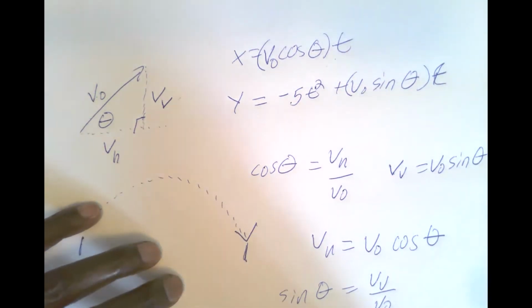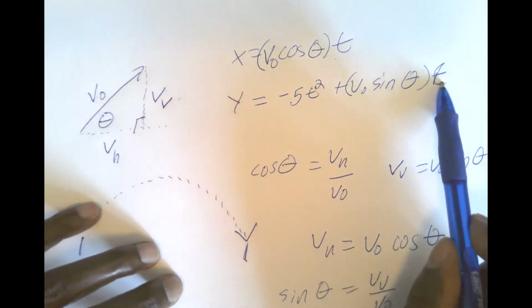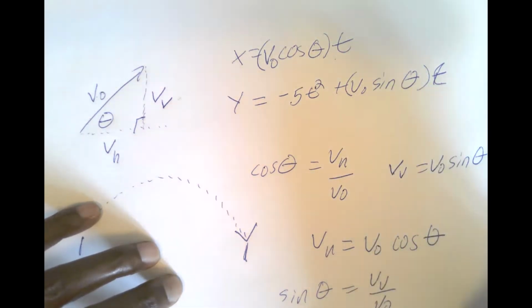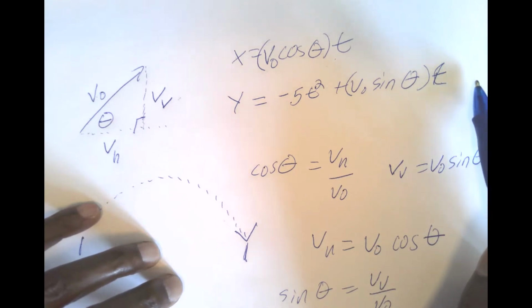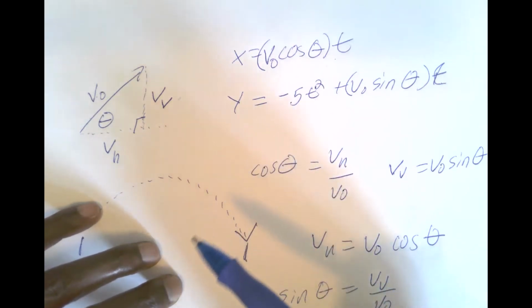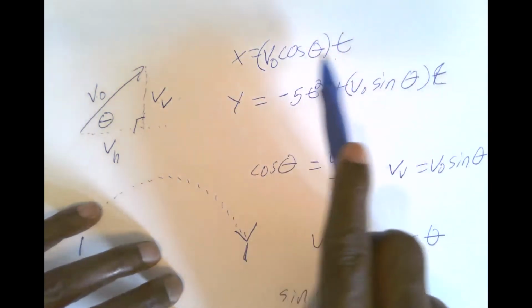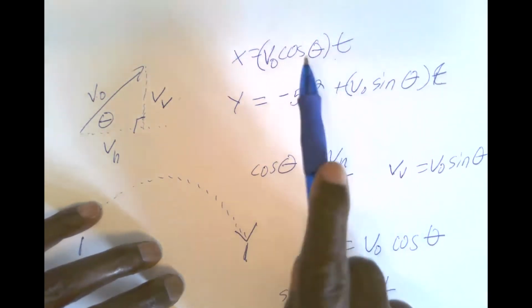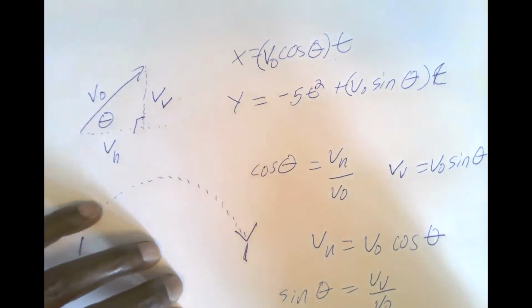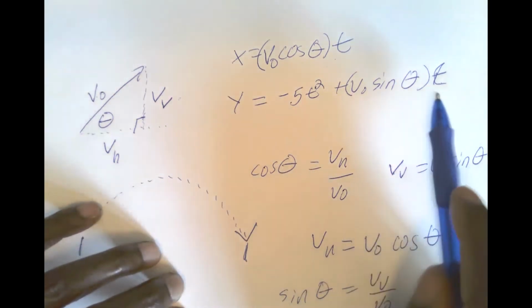And so the vertical position is the velocity times the time. You also take into account, because it's vertical position, the initial height, which in this case we're saying is 0. And this negative 5t squared comes from acceleration due to gravity. There's not a horizontal force working against or with the horizontal velocity if we neglect air resistance. But there is a force working against the vertical velocity.